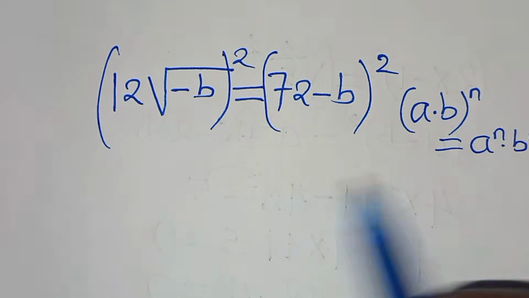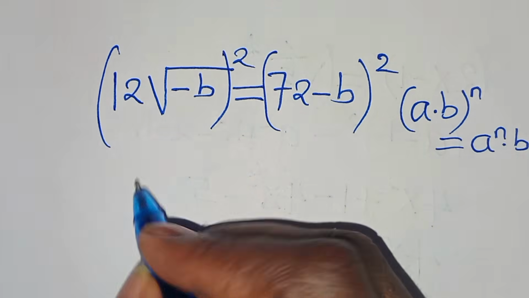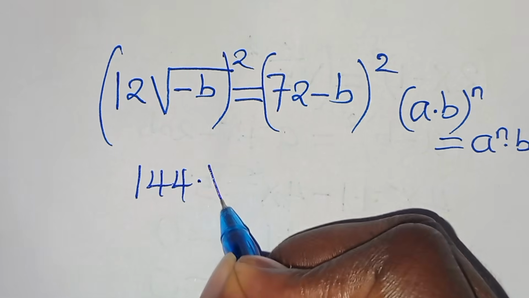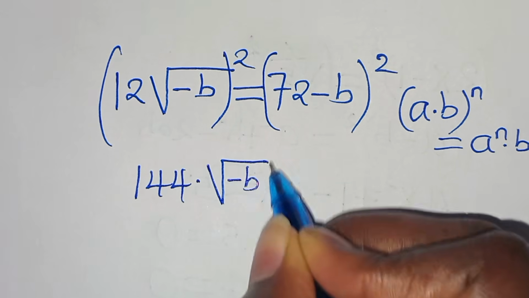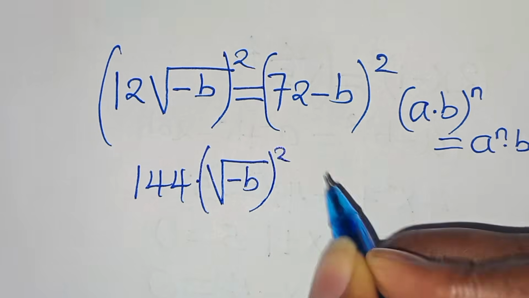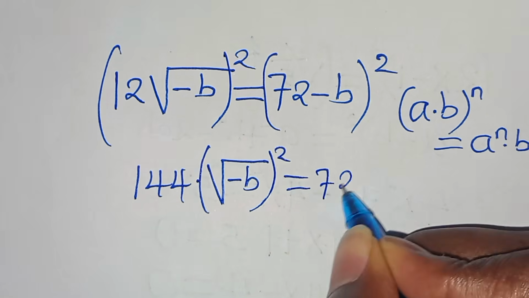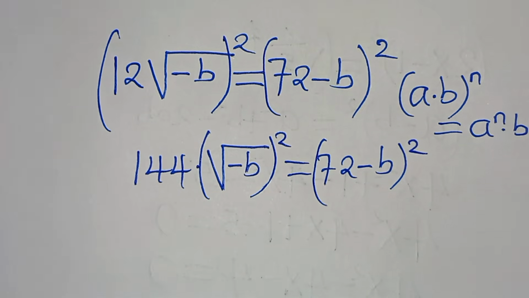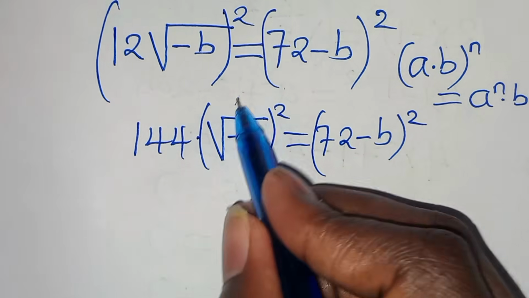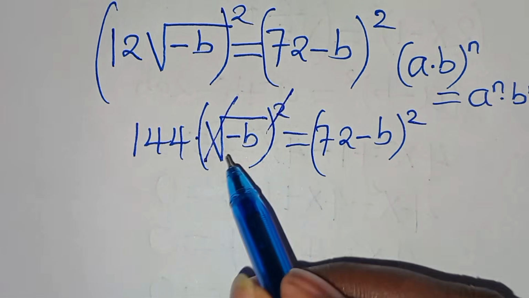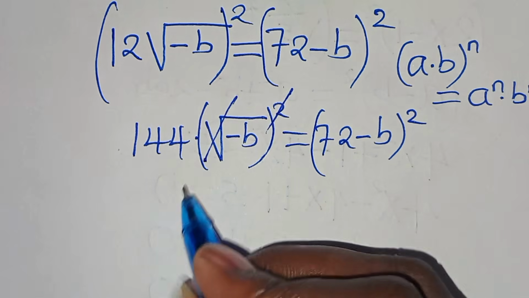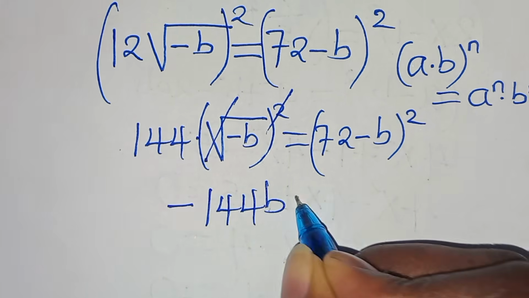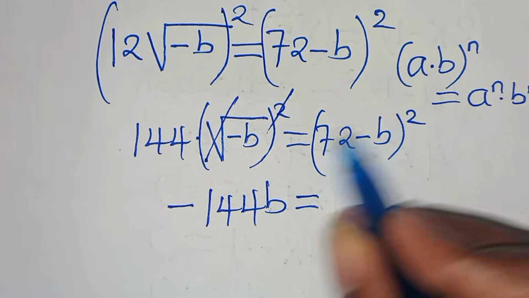Applying this property, we have 12 squared, which is 144, multiplied by (the square root of minus b) raised to the power of 2, equal to (72 minus b) raised to the power of 2. Now, let's eliminate the square root sign, so that we have minus b times 144. This is minus 144b. This is equal to, now let's expand this equation here.